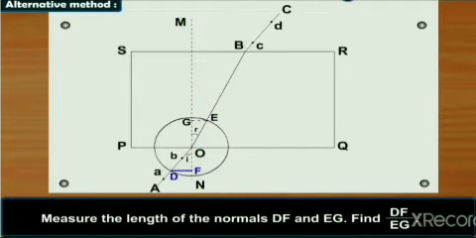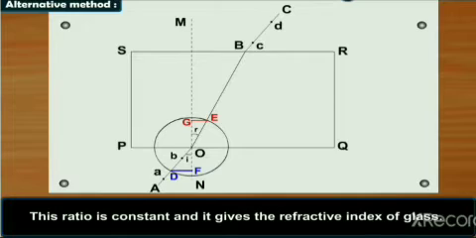Measure the length of the normals DF and EG. Find DF upon EG. This ratio is constant and it gives the refractive index of glass.